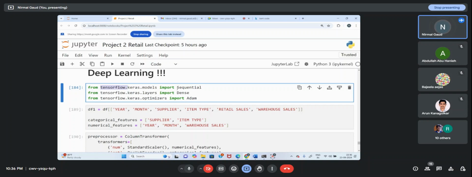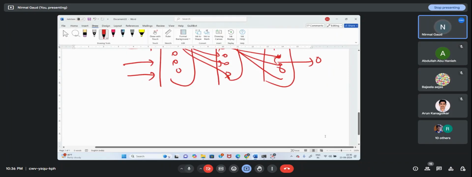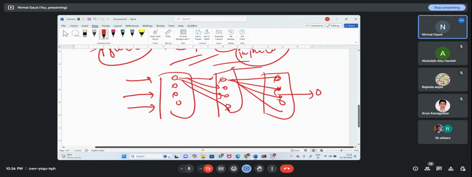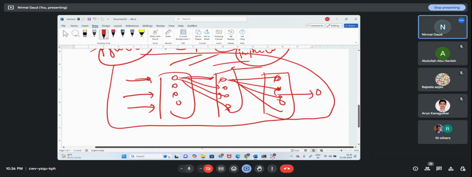We mostly use two kinds of frameworks: one is TensorFlow, another is PyTorch. Here I'm taking TensorFlow, and the model I'm taking is sequential. Sequential means feed forward. In a sequential model, you are arranging the layers one by one.